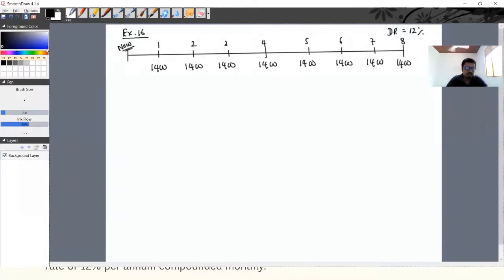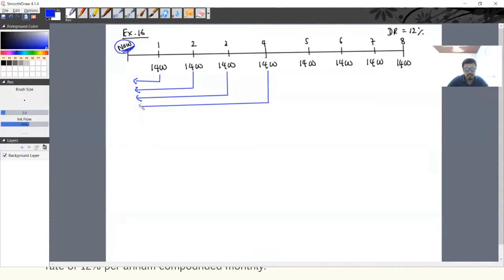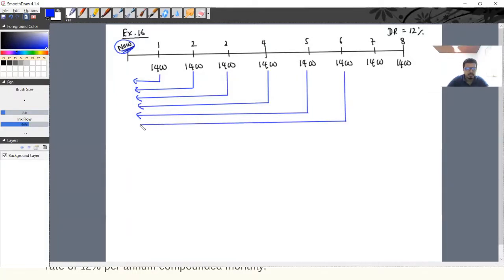So here we need to find the present value as of today. It means we need to know the present value of each of these figures. How to find the present value of each individual figure? That figure over 1 plus I to the power n, future value over 1 plus I to the power n.